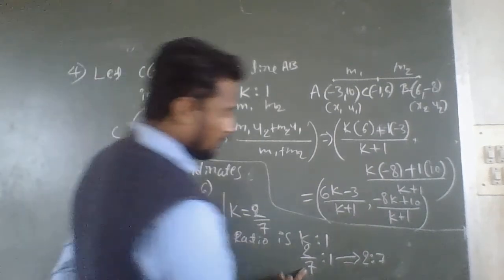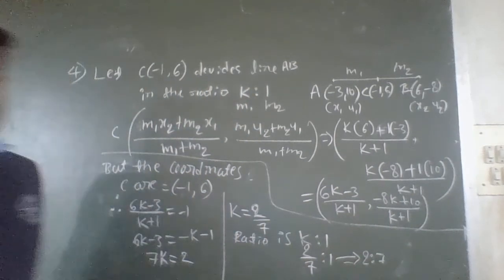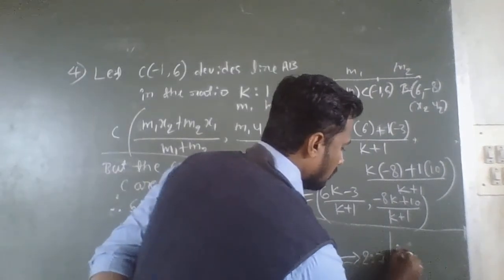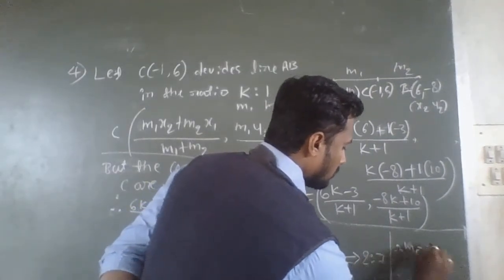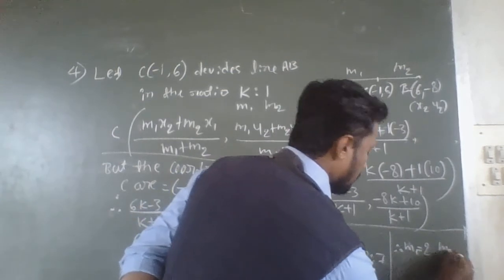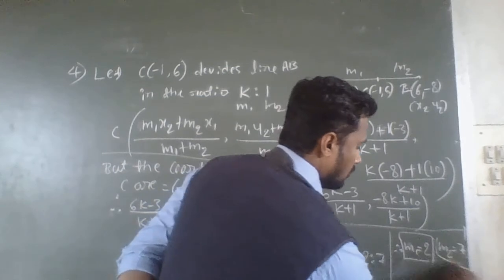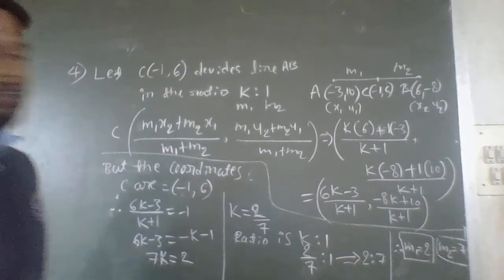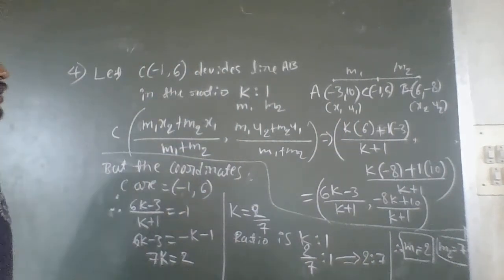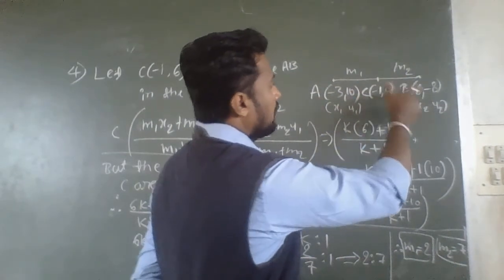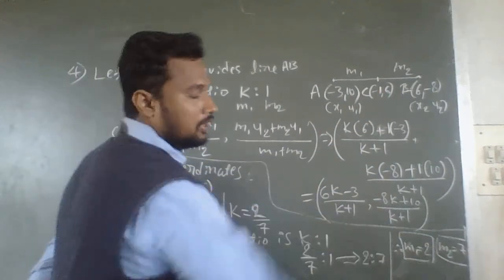Here this 7 is taken to the right hand side, so it is 2 is to 7. Therefore m1 is equal to 2 and m2 is equal to 7. So now what we calculated here, this point C divides the line segment AB in the ratio 2 is to 7.